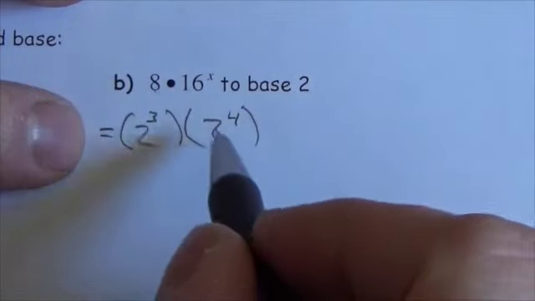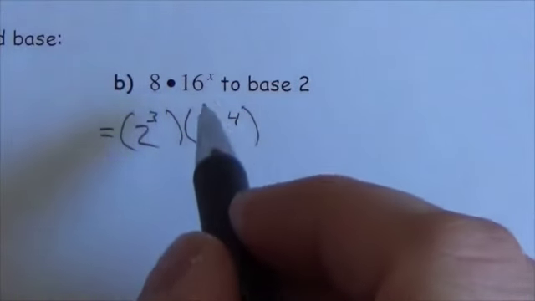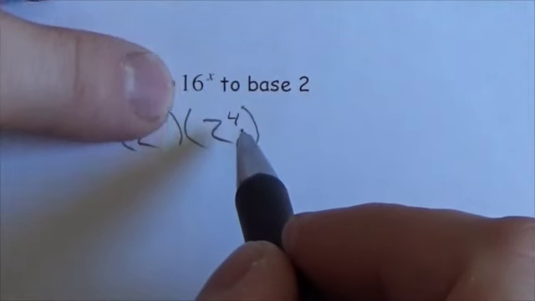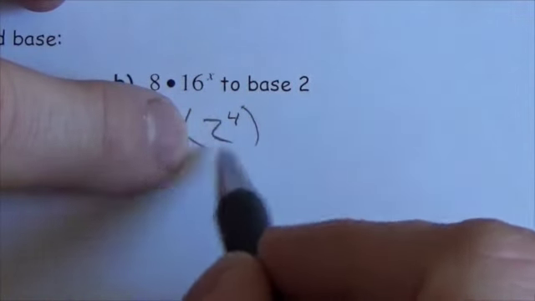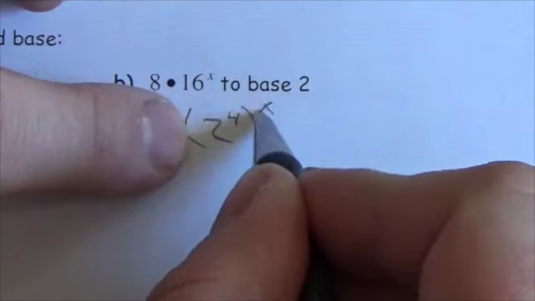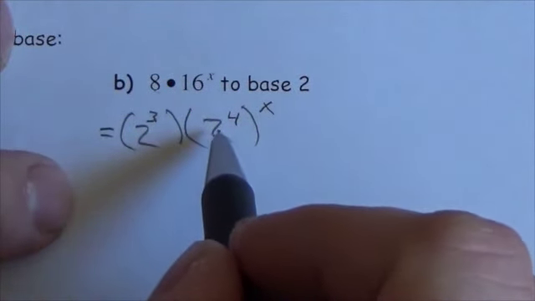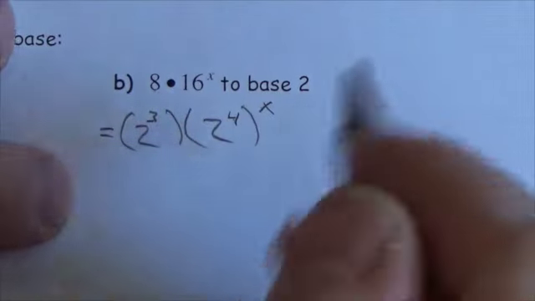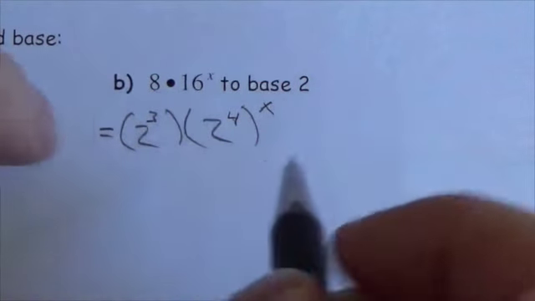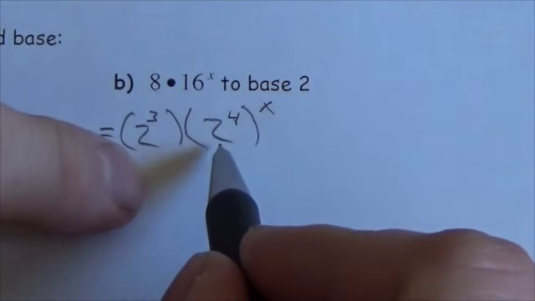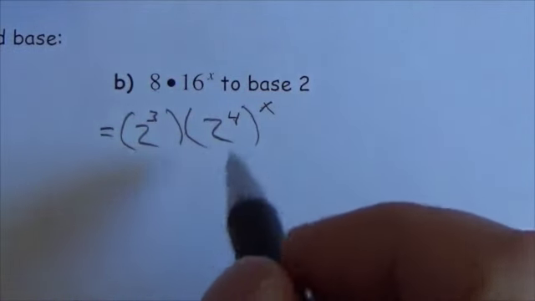Again, I haven't done anything, because 16 is 2 to the 4th. This factor, 16 to the x, I need to keep, so 2 to the 4 has to be to the power of x. So now I've got 2 cubed multiplied by 2 to the 4th, all to the x. I've still got to combine these, and I can see how that's going to happen, because I've got two powers of 2 multiplied together here.